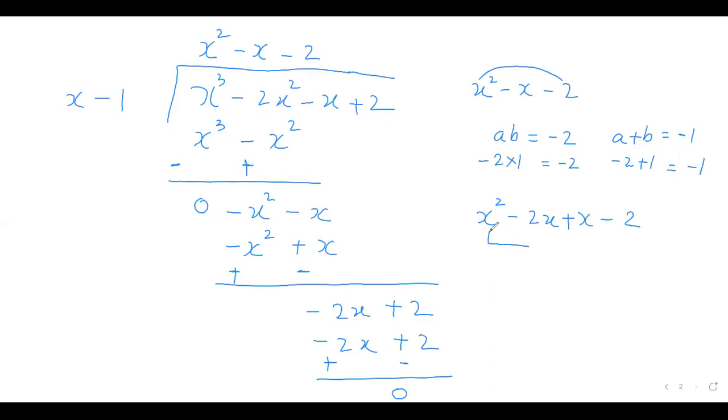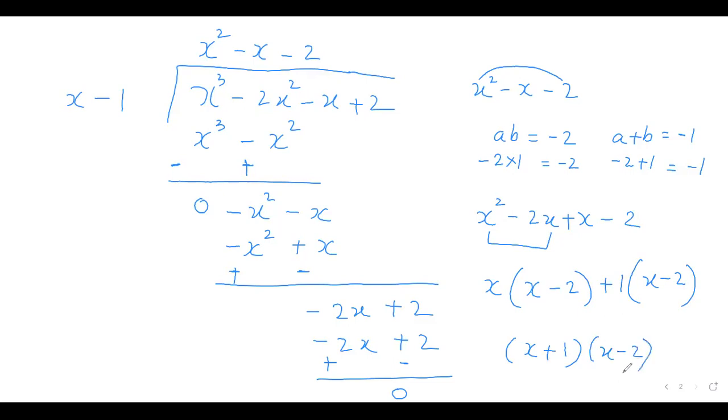So out of these two terms, I am taking x common. So what comes in the bracket, that is x minus 2, plus 1 in the bracket x minus 2. So if I write it in two brackets, it is x plus 1 and x minus 2.